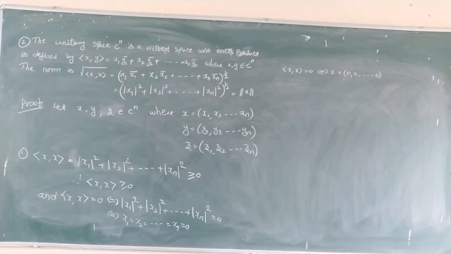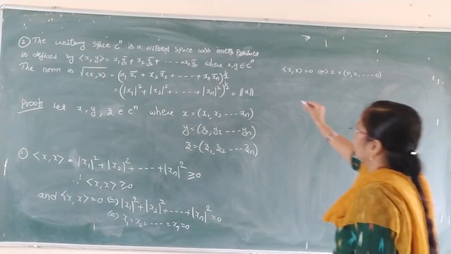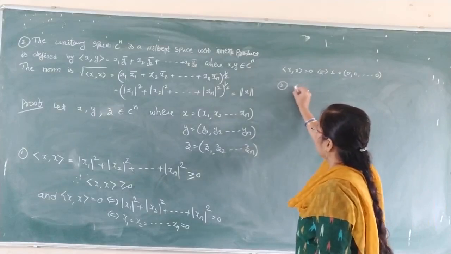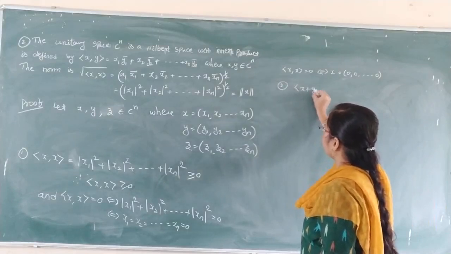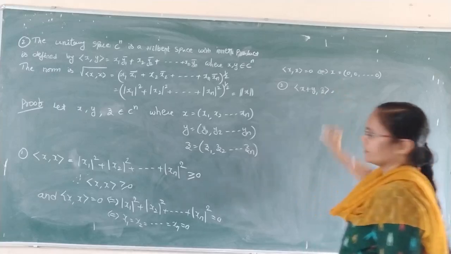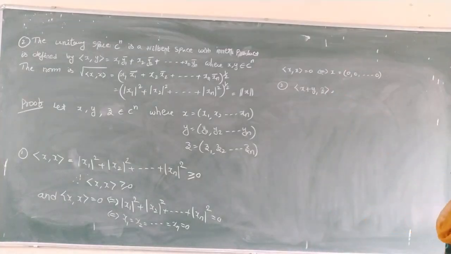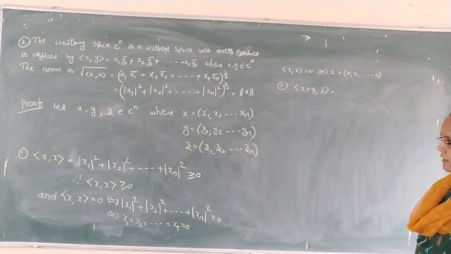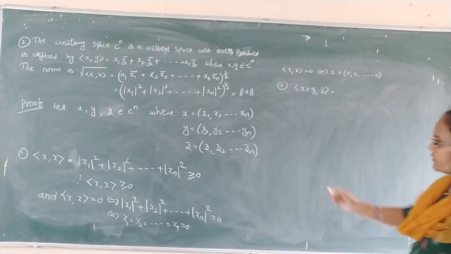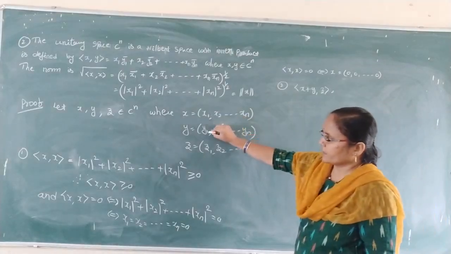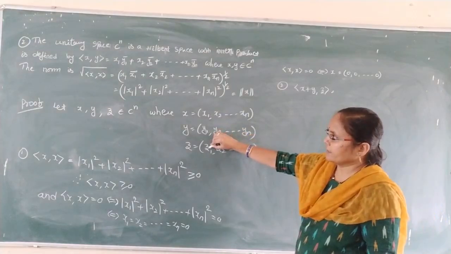Next, the second one. What is the second property of inner product space? The inner product of x plus y comma z. How to write it: addition of the first two terms, inner product with the second term.